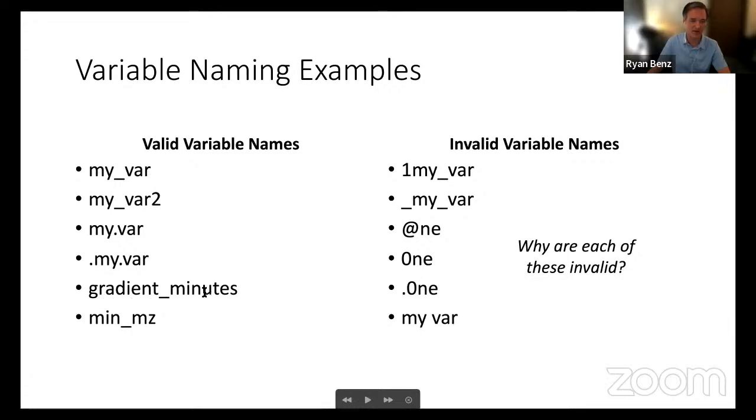Maybe you would want to abbreviate minutes to min, but gradient min is a good example of a variable. It tells us what kind of data we will be storing in that variable, or minimum MZ. That's another good one. These are some invalid variable names here. We won't go through those. Maybe if you wanted to practice a little bit, after the course you could try to understand why these are invalid variable names.